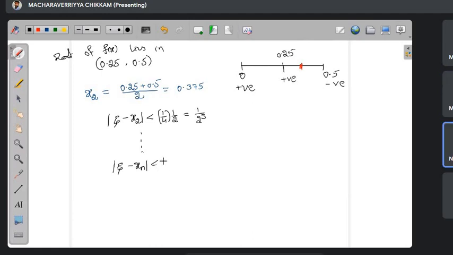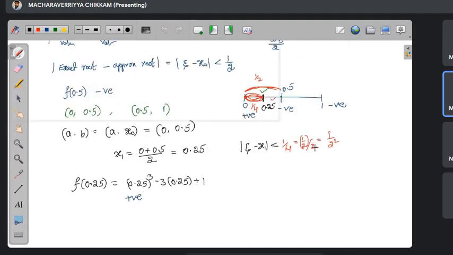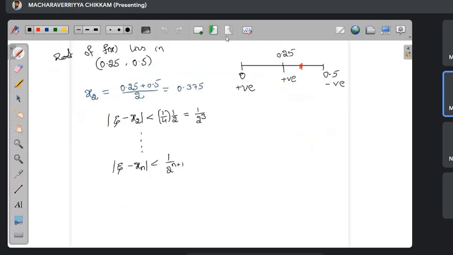That is xi minus xn is less than 1/2 power n+1. Yeah, 2 power n+1. You can see if you get 2 here, you got 3 here, 2 plus 1. So earlier we got xi minus x1 is just 1/2 square. It means 2 power n+1. So in the nth step, this is the accuracy if you use the bisection method.